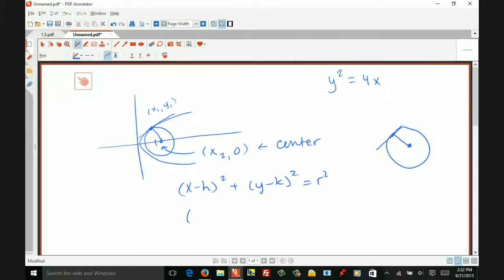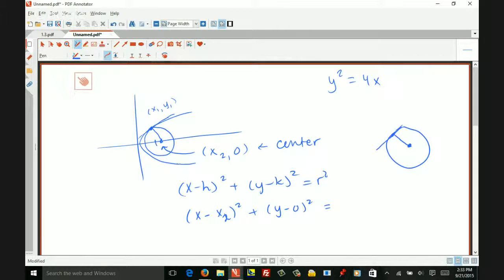So what do I have? I have x minus x2 squared plus y minus what's k? 0. Now, I know r is the distance between my 2 points. The one on the parabola and the center of the circle is going to be r, right?